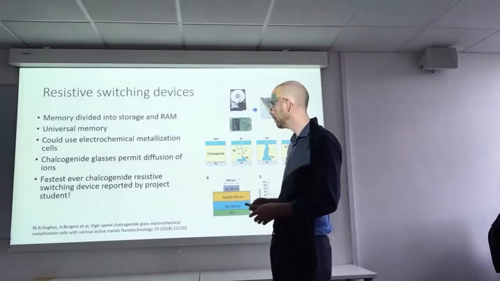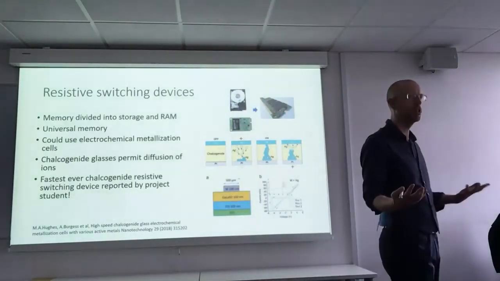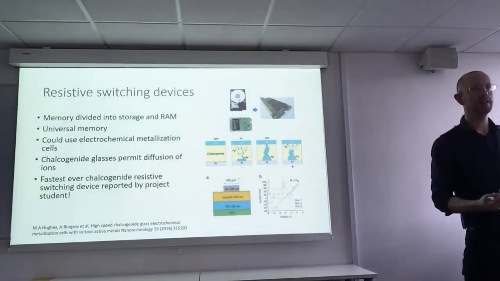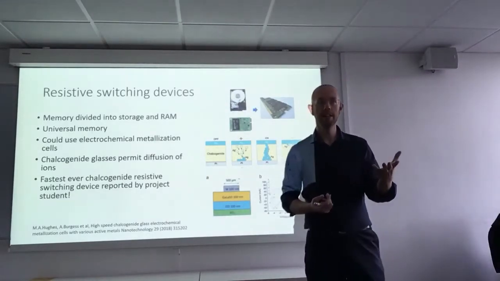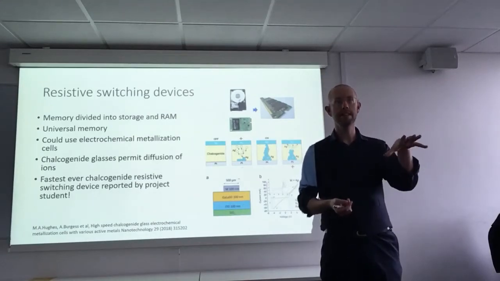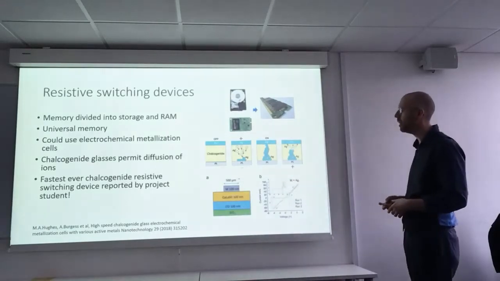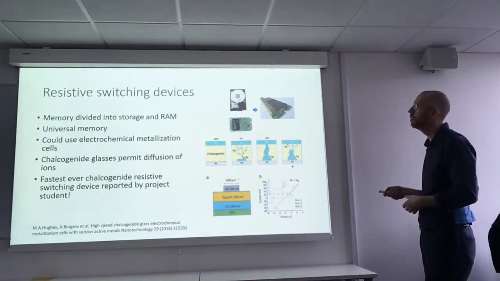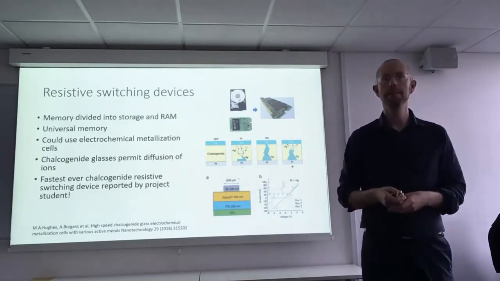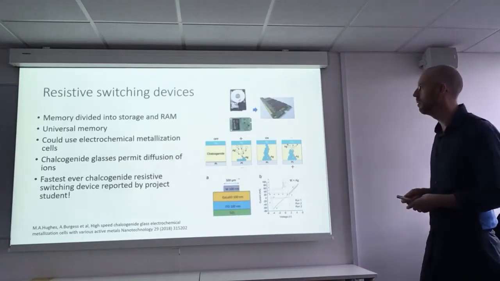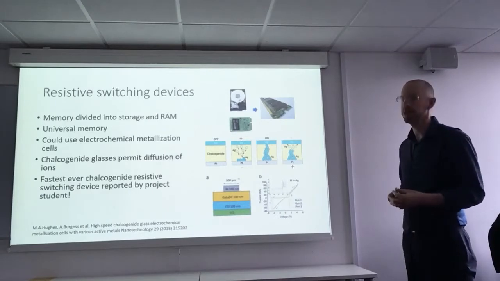So for a long time, people have been wondering whether you could build a universal memory, a type of memory that does both. It's got the non-volatility of storage, so your data's still there when the power goes off, and it's got the speed of RAM. And a new technology has recently been developed by Intel. They call it 3D Crosspoint, and it uses chalcogenide glasses.